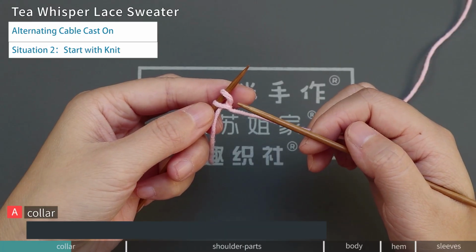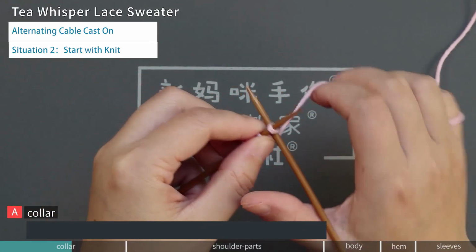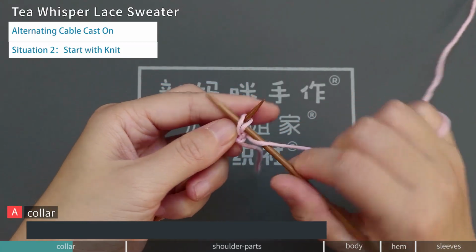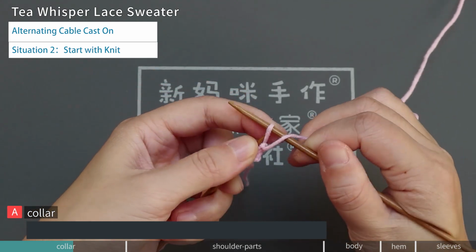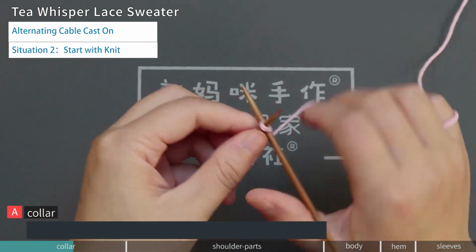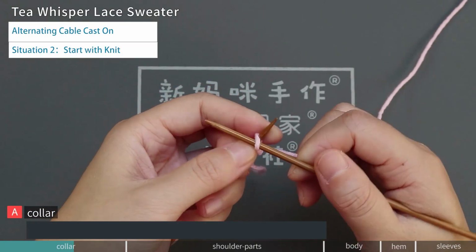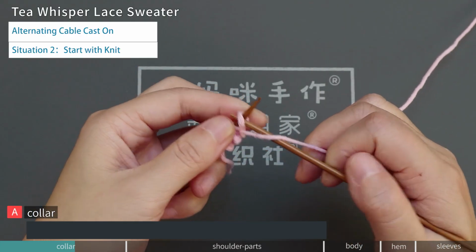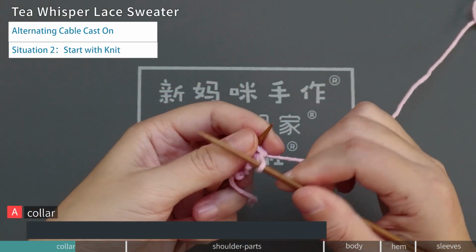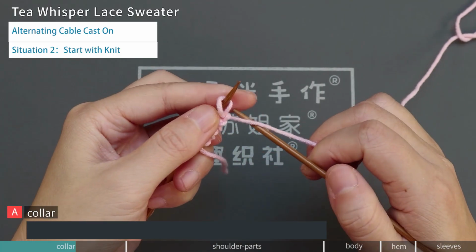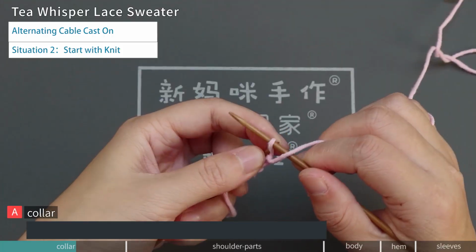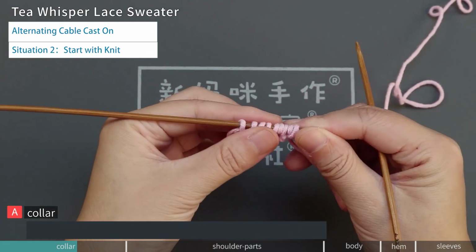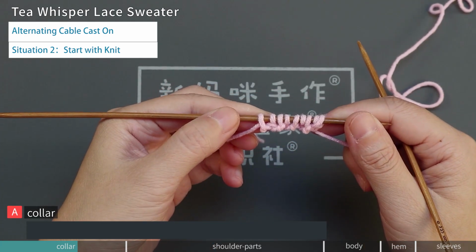After that, just alternate between knit and purl stitches. This is the method for alternating cable cast on.